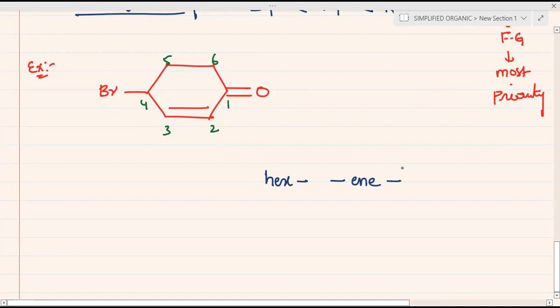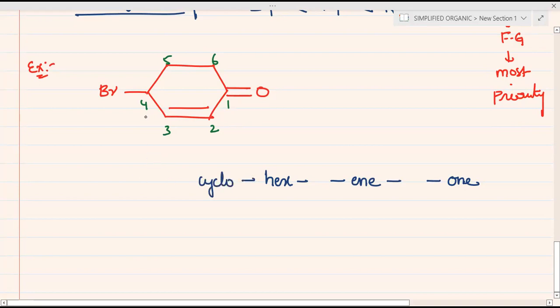And secondary suffix will give you the information of functional group. And the functional group here is ketone, that is one. And as it is a cyclic compound, the primary prefix gives you the information whether a compound is cyclic or acyclic.